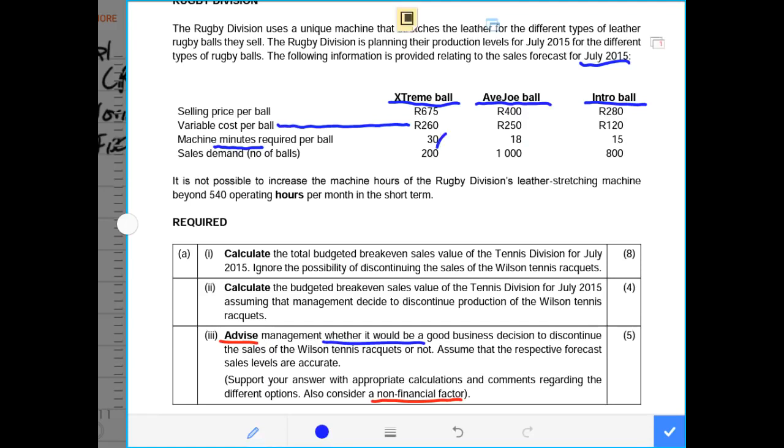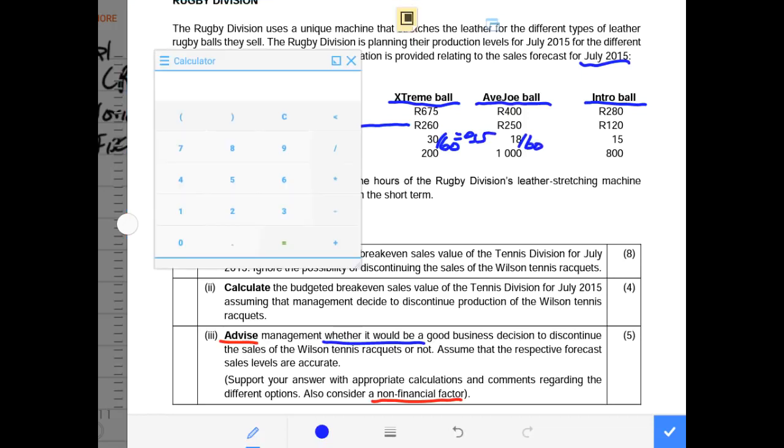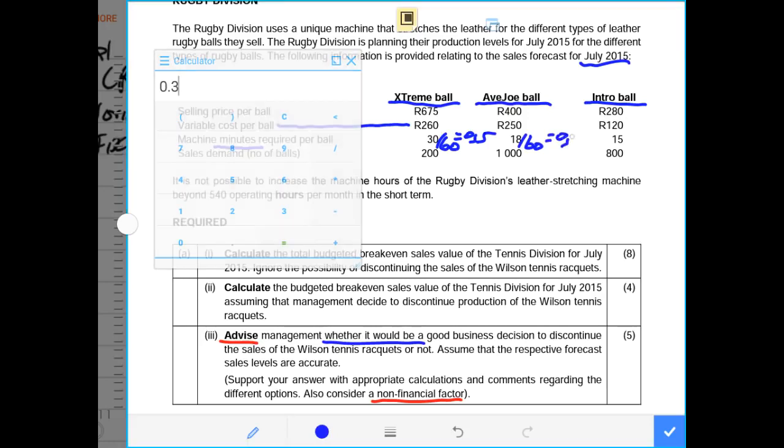It is preferable to convert your minutes into hours. However, you can stick with the minutes, but we have to convert everything that relates to the minutes. So converting this, it will be 30 divided by 60, which is 0.5 hours. 18 divided by 60 will give us 0.3 hours.